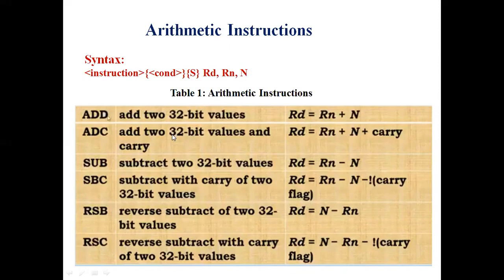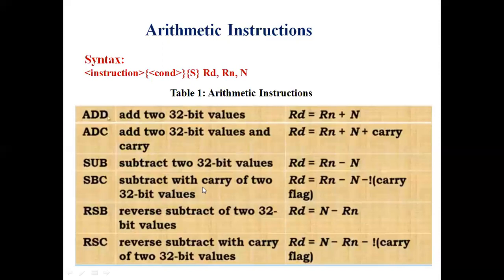This table illustrates different arithmetic instructions. The first one is ADD, add two 32-bit values, without carry. ADC, add with carry, adds 32-bit values and carry. SUB, subtract two 32-bit values.